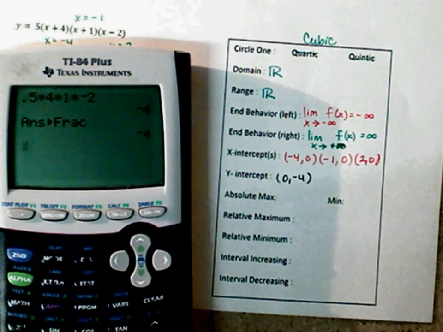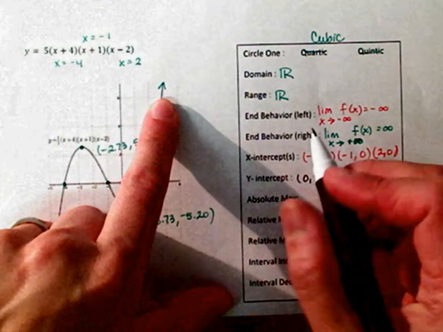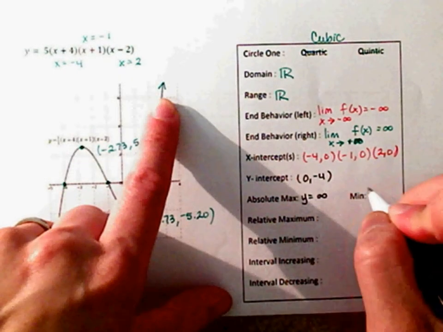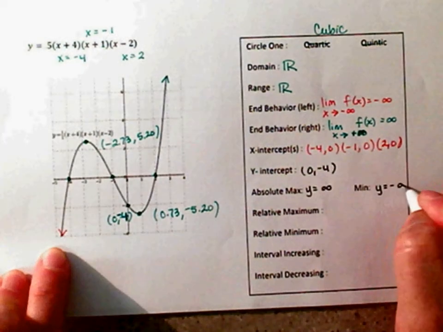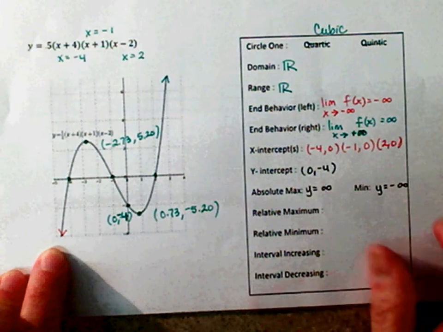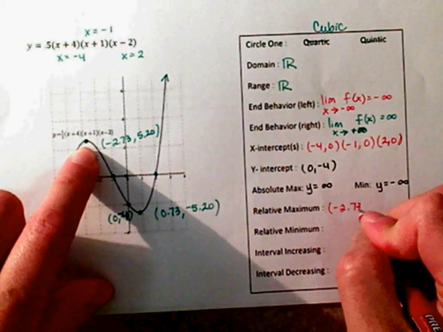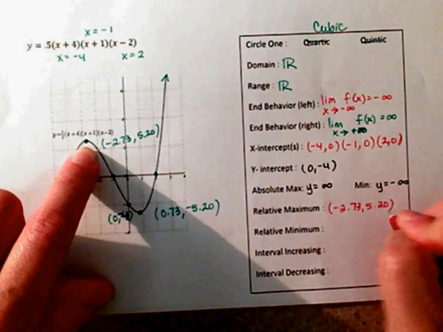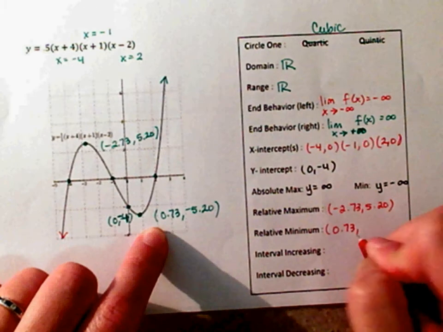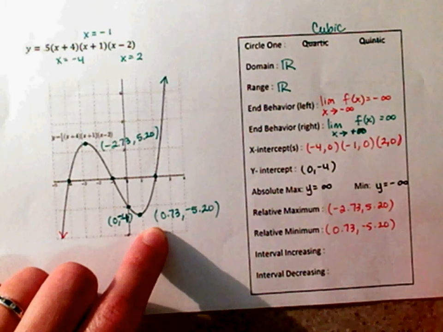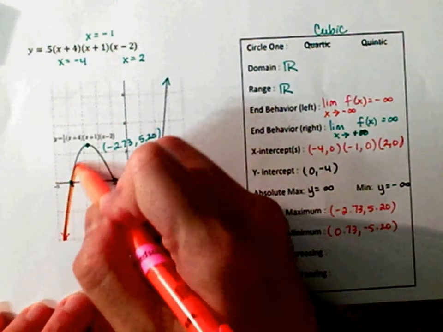All right, absolute max, highest of the high, positive. Absolute minimum, lowest of the low. Okay. Relative max, that would be this one, is at negative 2.73, 5.20. Relative minimum, 0.73, negative 5.20. Interval increasing, I see an increase from here to here, and I see an increase from here to here.